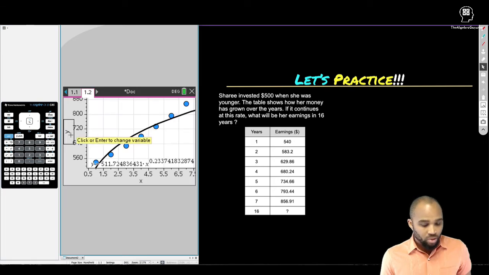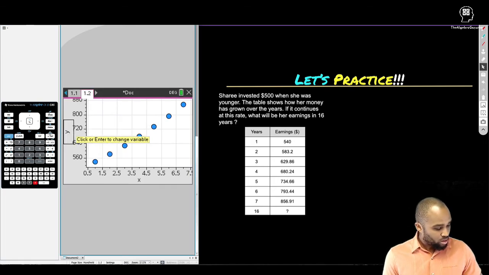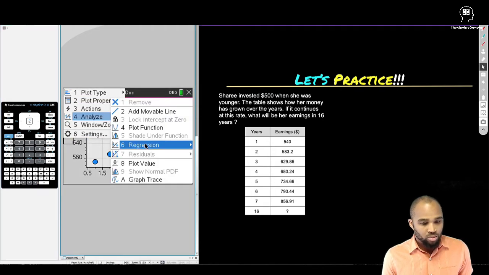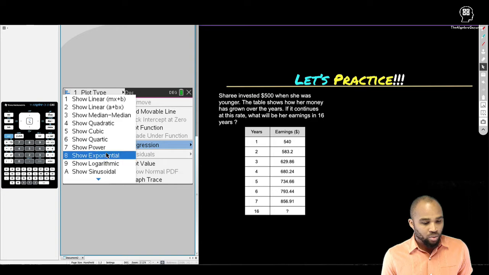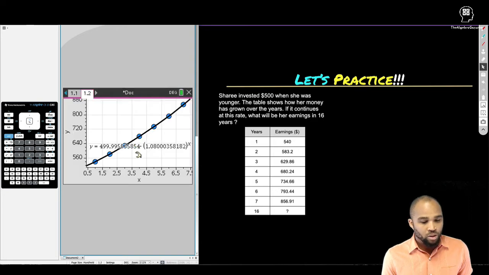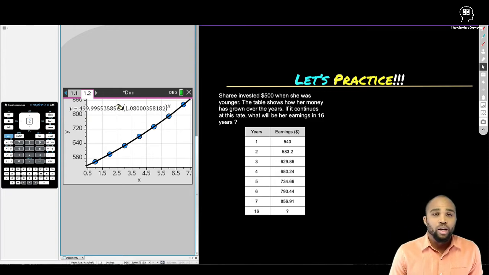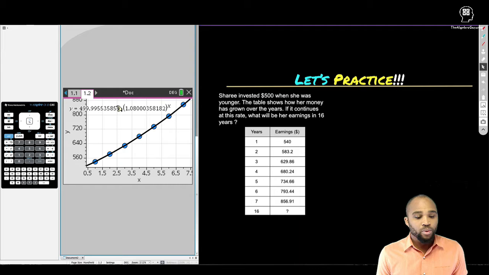Oh, that's not the right one either. Analyze, regression, and we're going to do exponential. Look how perfectly, look how beautiful that line goes through those points. So now I know that this is a better fit for these points. So I'm going to use the equation that comes from this.